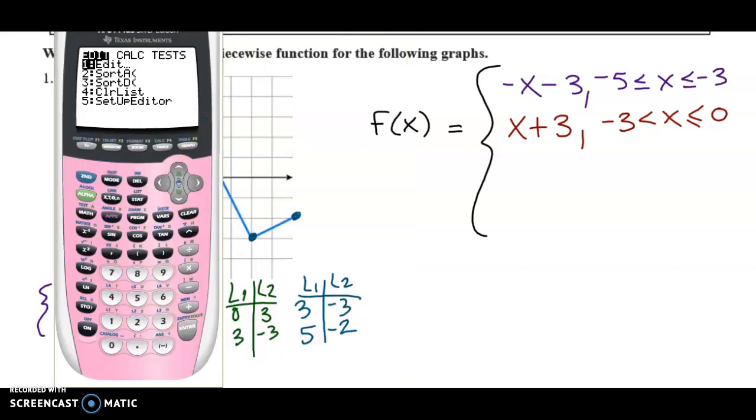Alright, so next. The 0, 3 I need. The other point was 3, -3. So -2x plus 3.